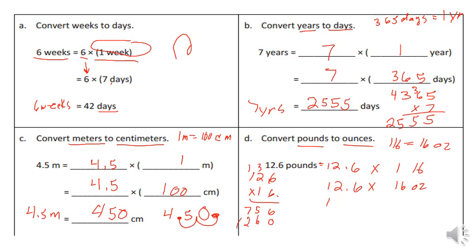Now we're going to multiply our 10 out. 1 times 6 is 6. 1 times 2 is 2. 1 times 1 is 1. So now we end up with 2016, but I've got a decimal in there. If I had done my estimate, I would have seen that 12.6 is closer to 10 than it is to 20, and 16 is closer to 20 than it is to 10.